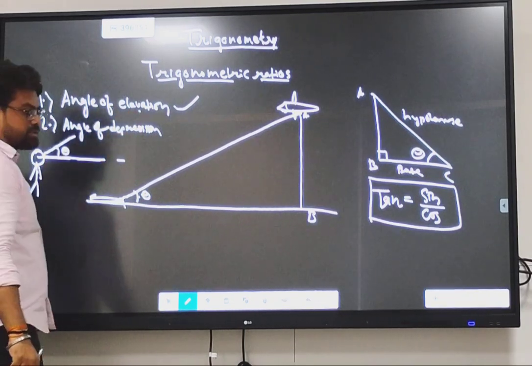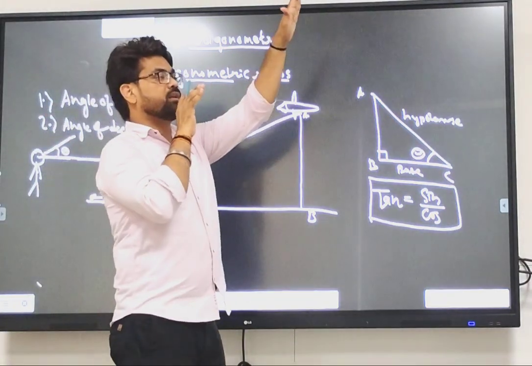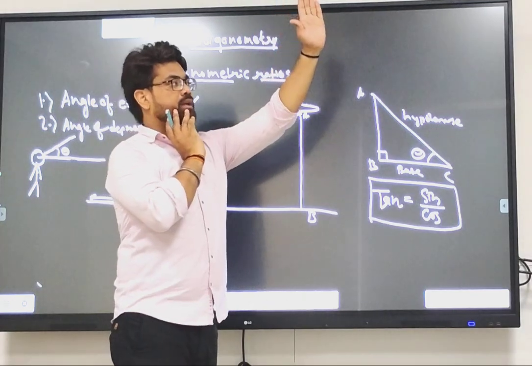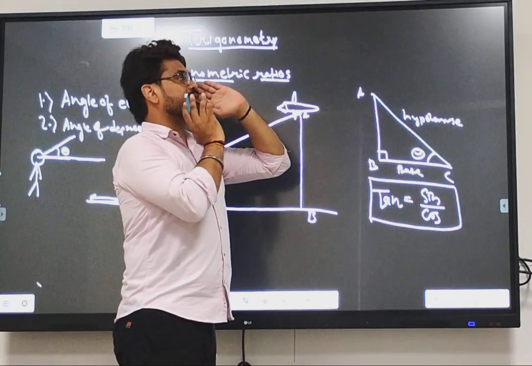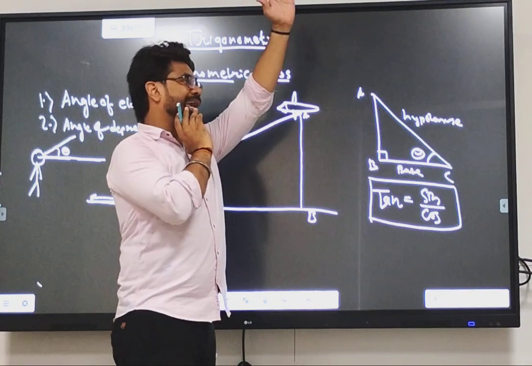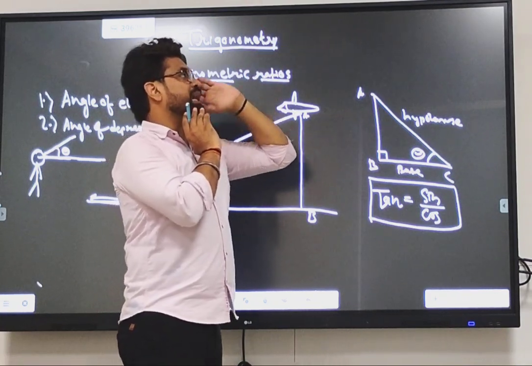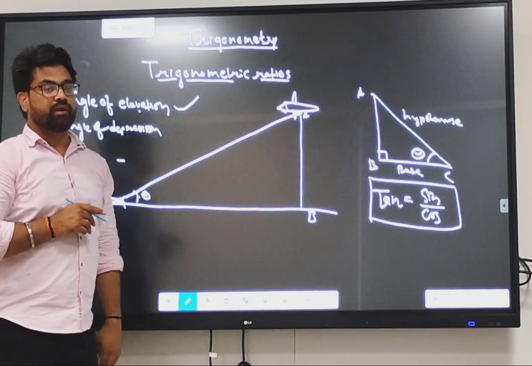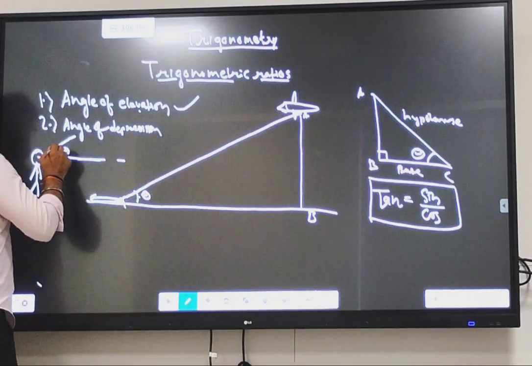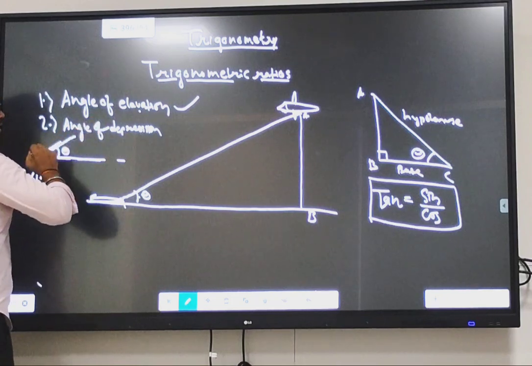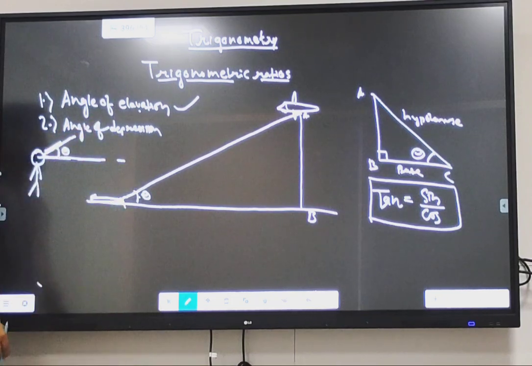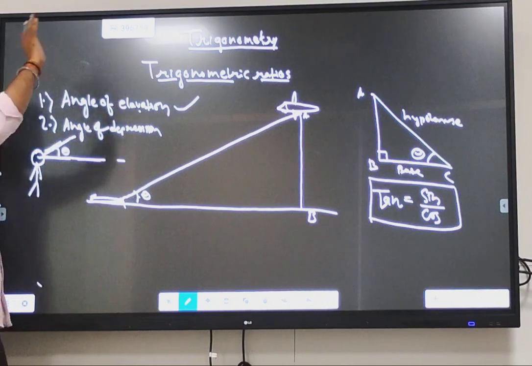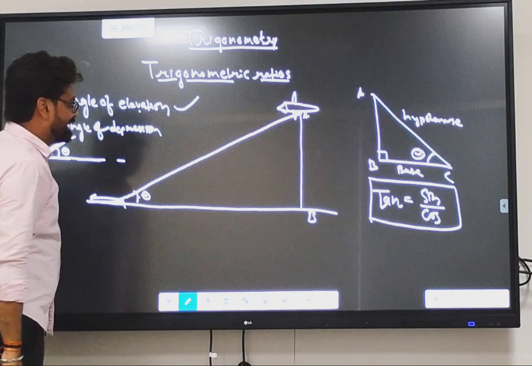Okay, so angle of elevation means whenever we are seeing something up, my head is just like this in this orientation. So I am seeing something that is up above my head, and the angle which my line of sight makes with the horizontal is known as the angle of elevation. So angle of elevation is nothing but the angle between the line of sight and the horizontal, and it is always up above the head.